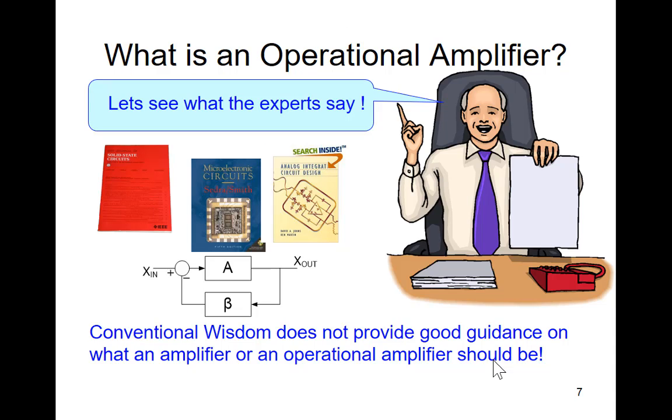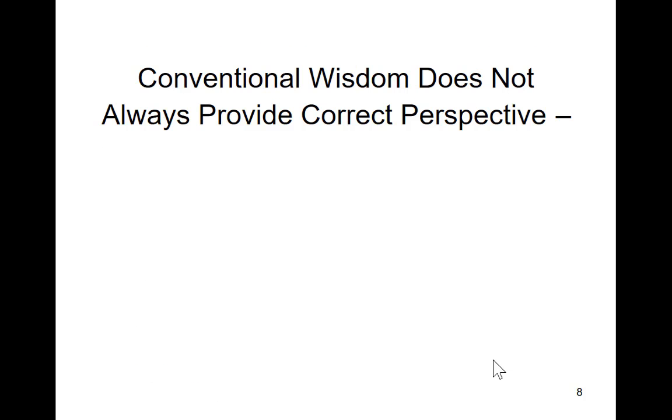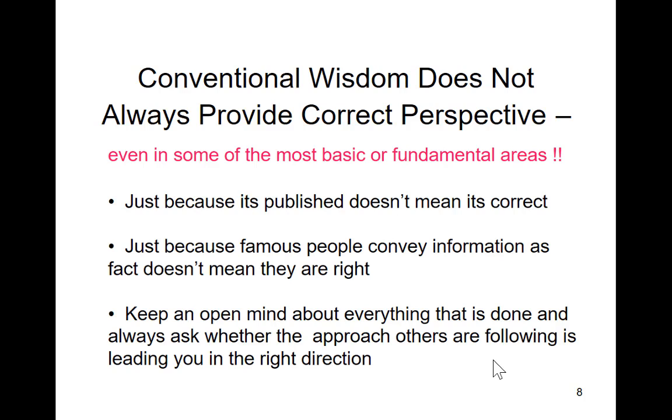So we saw that conventional wisdom on what an operational amplifier is does not guide us in regard to what we really need to do when we're designing operational amplifiers. Even though I picked this example of the operational amplifier to show where I think that conventional wisdom misleads us, we could take several other topics.